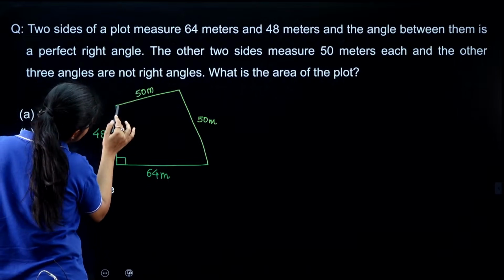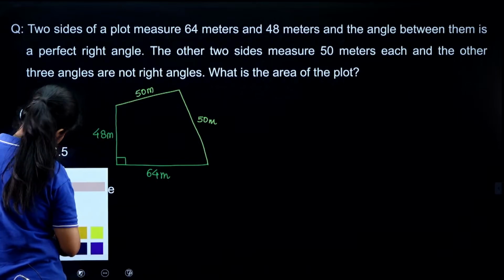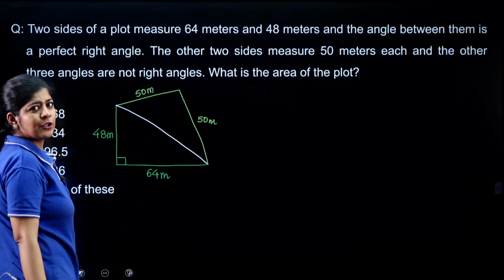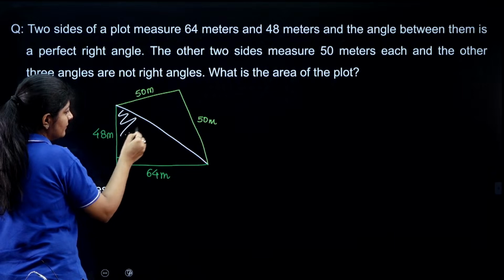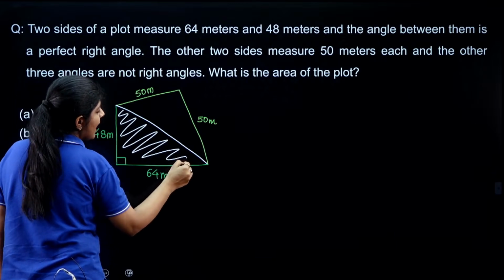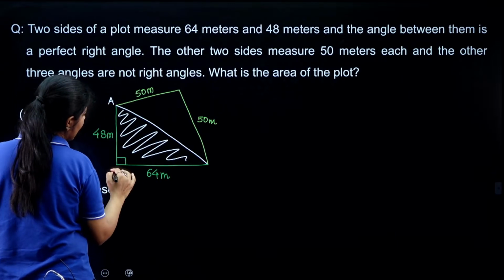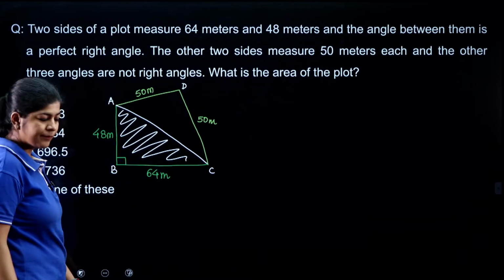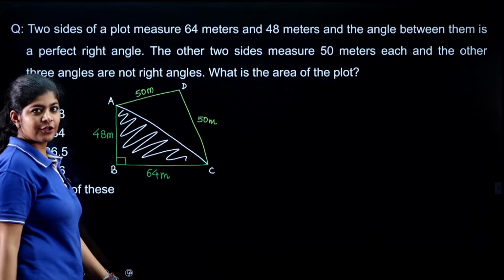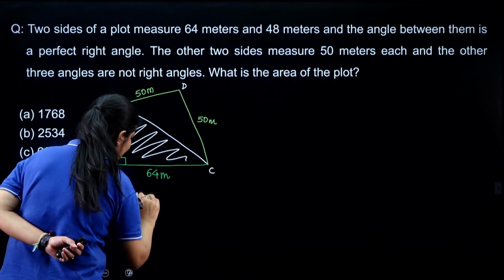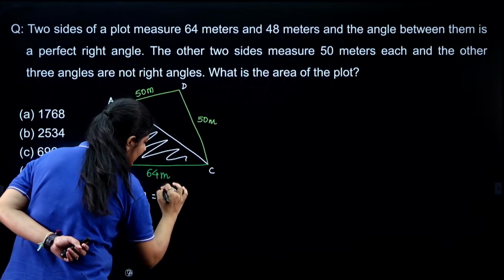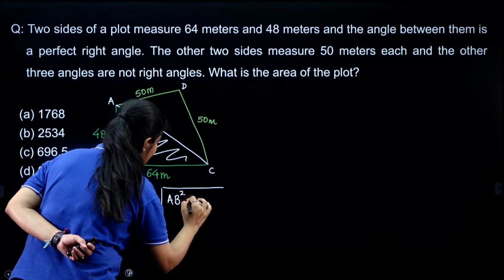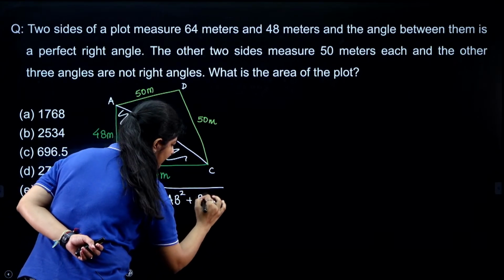If I join this particular diagonal, can I put the Pythagoras theorem over here? Yes. I simply name them A, B, C, D. Now with the help of the Pythagoras theorem, I can calculate AC. AC is nothing but the square root of AB square plus BC square.